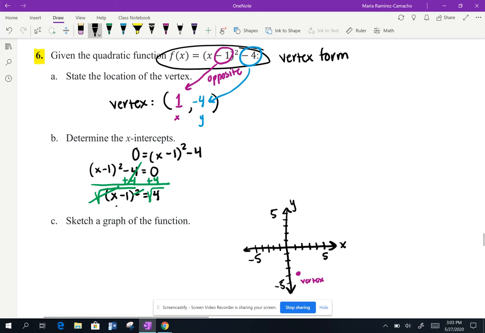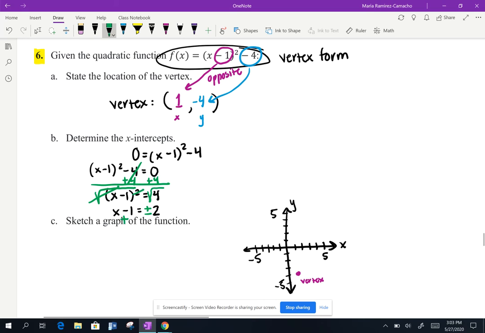And now we're left with x minus 1 on the left side, and on the right side, when you take the square root of 4, you get +2, but you can also have -2, so we write that plus minus, because +2 squared is 4, but also -2 squared is equal to 4.